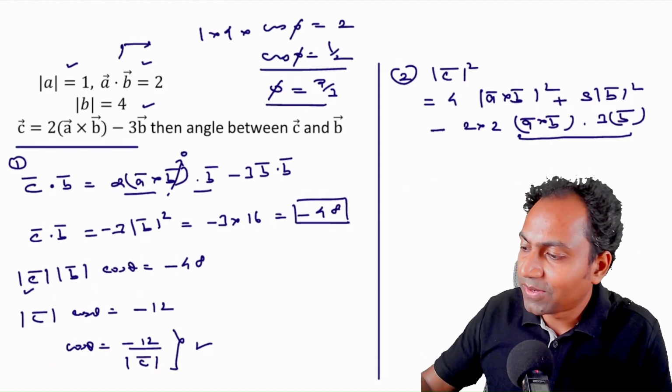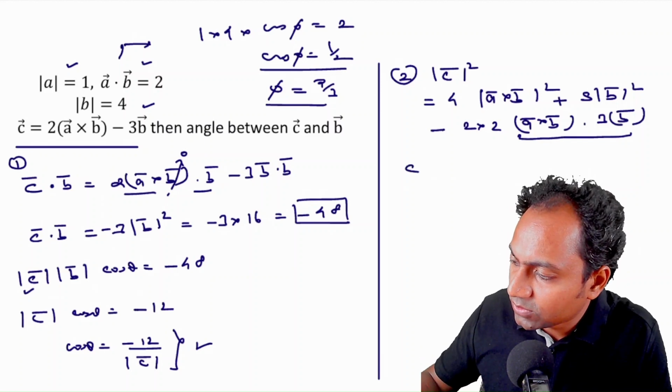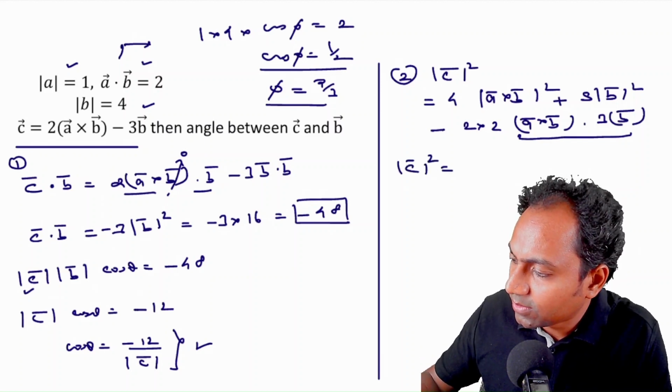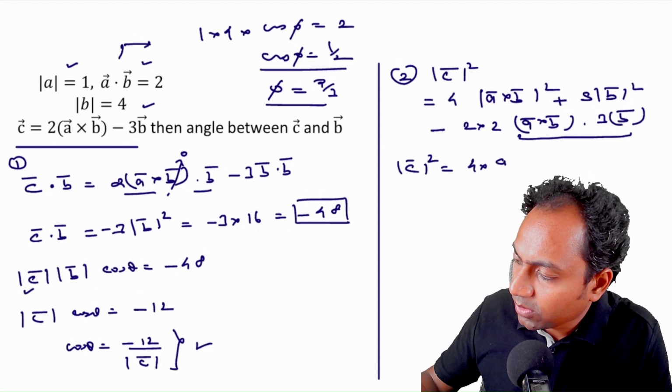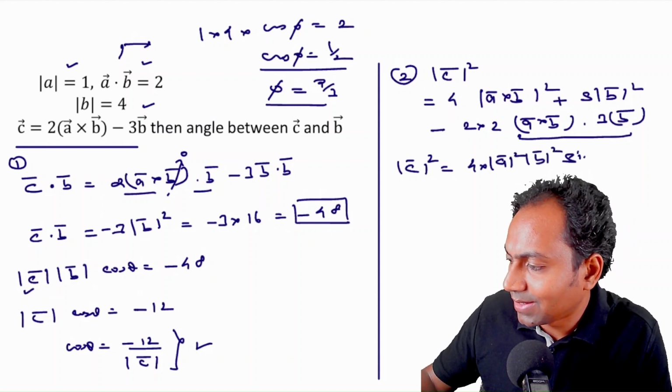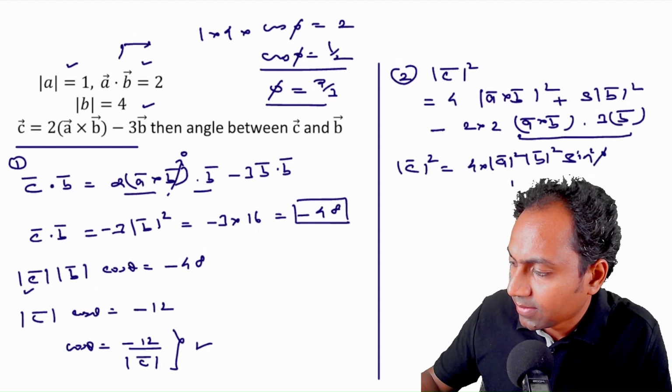If I simplify this, I will get the value of mod of C. So mod of C whole square is nothing but 4 mod of a whole square, mod of b whole square, sine square phi, plus 9 into mod of b whole square.